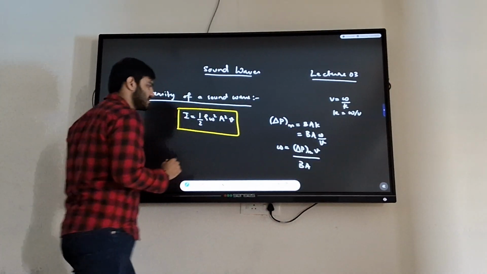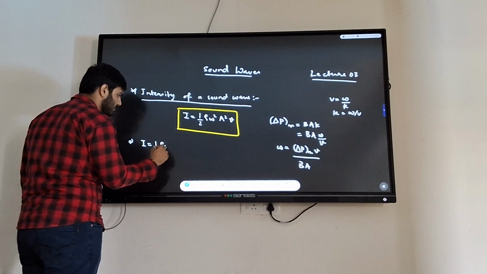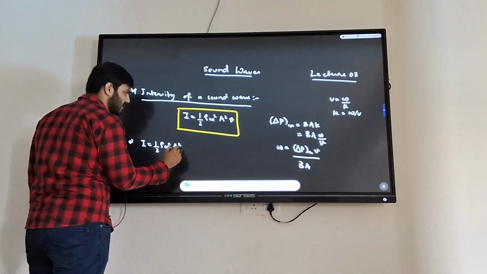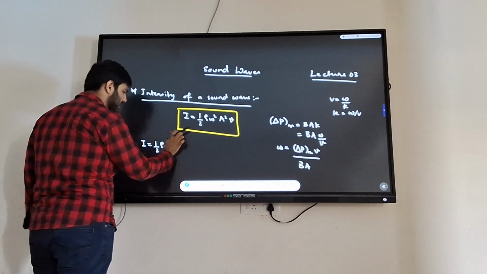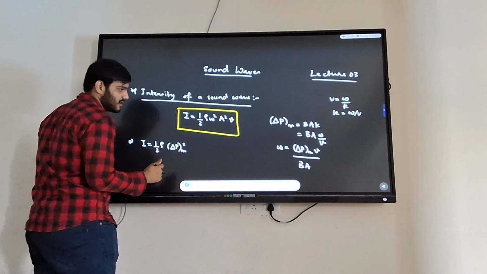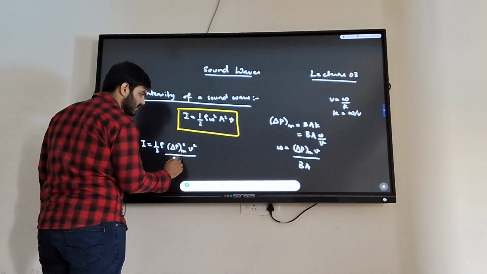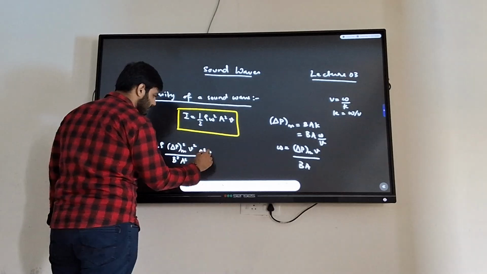If I make this substitution, then what will my intensity become? That's half rho omega square A square, rather in place of omega, delta P max square v square divided by B square A square v.